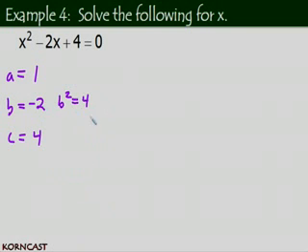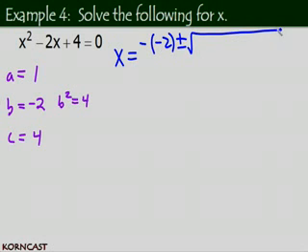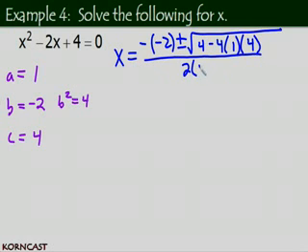Now substituting these values into the quadratic formula, I get x equals negative b plus or minus the square root of b squared minus 4 times a times c, all over 2 times a.